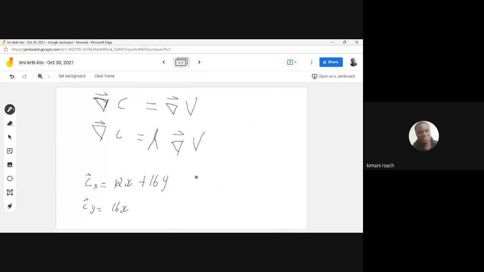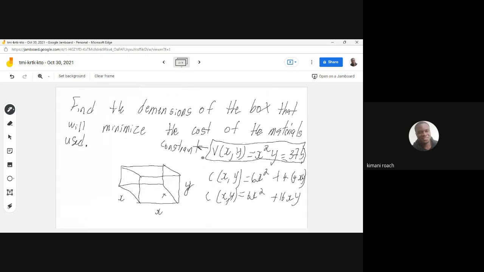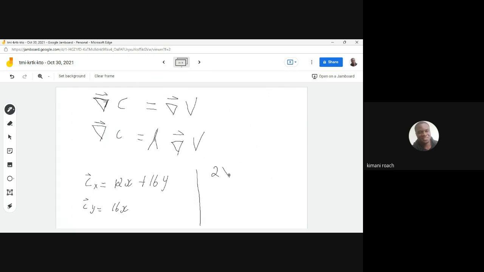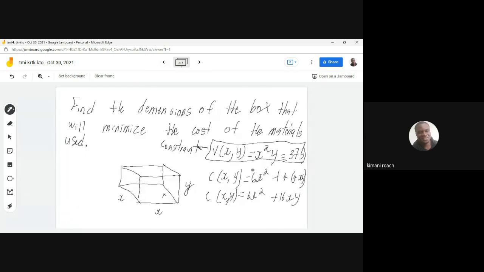We're going to do the same thing for our volume function. We're going to differentiate it first with respect to x. That's going to be 2xy, sorry. We differentiate x squared, we get 2x.